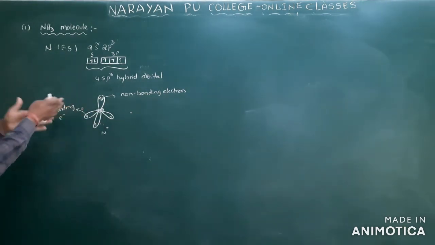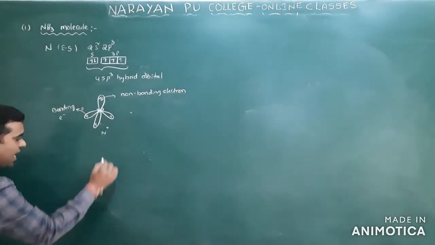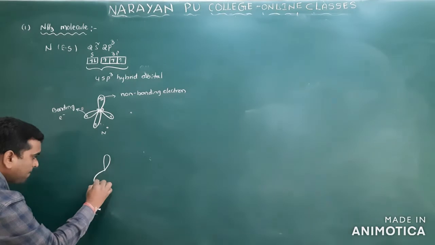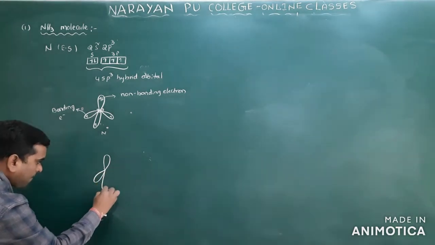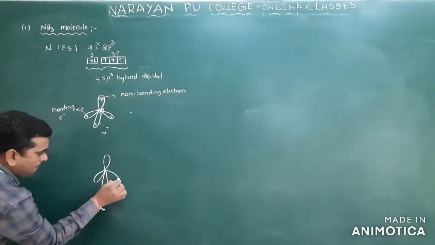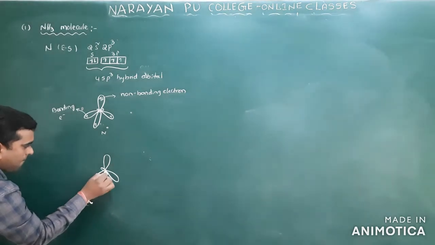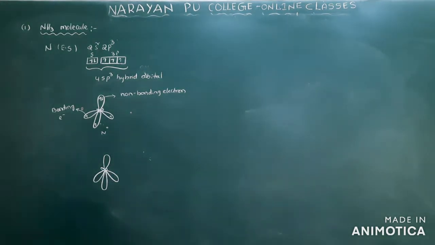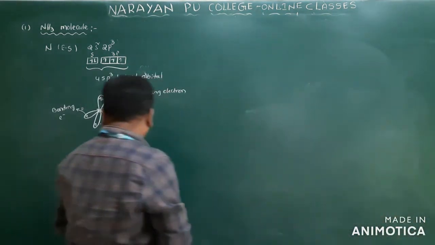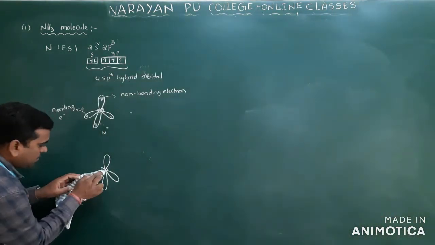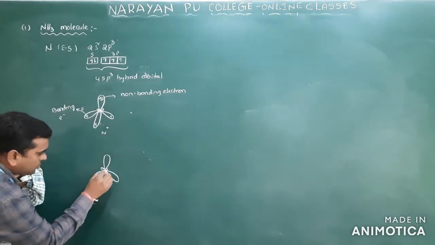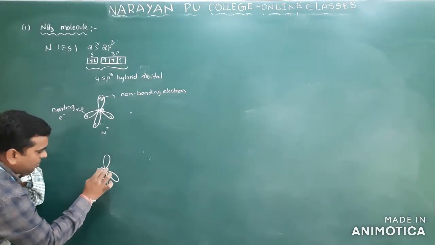Now hydrogen has to overlap. I will write the same structure here, with one lobe on the back side.